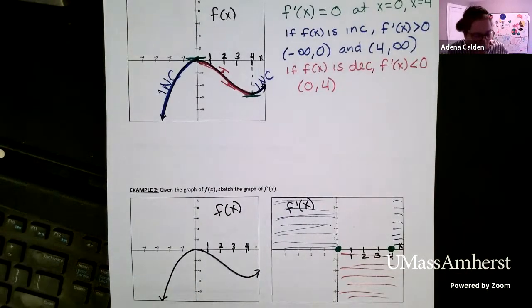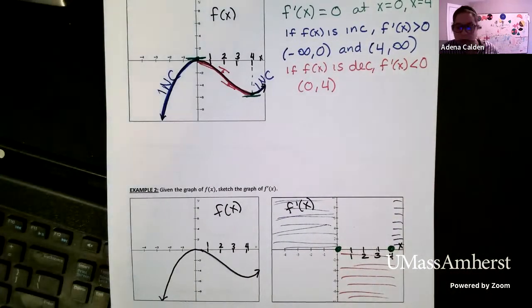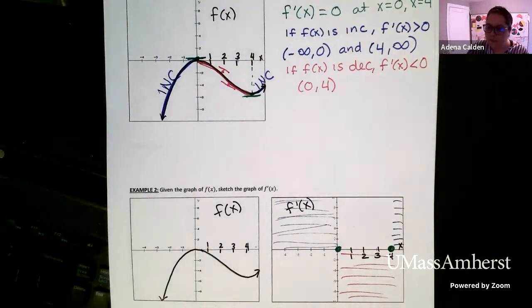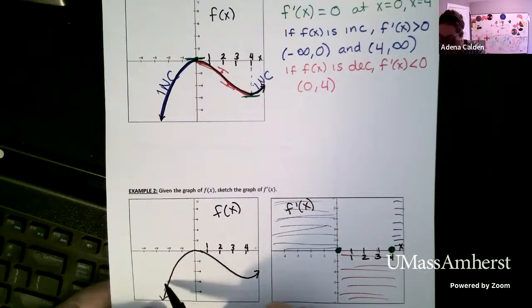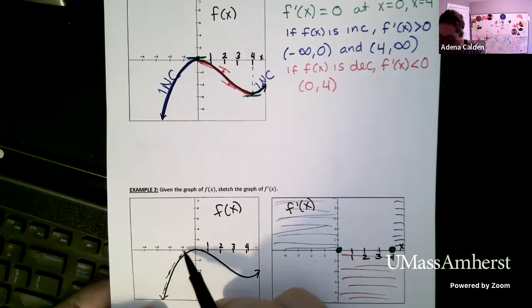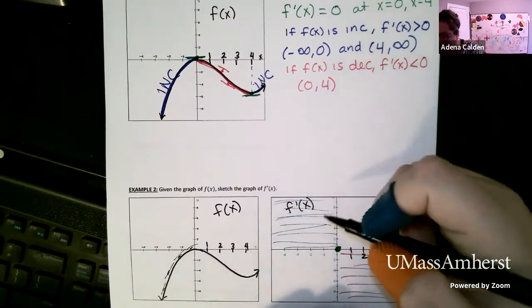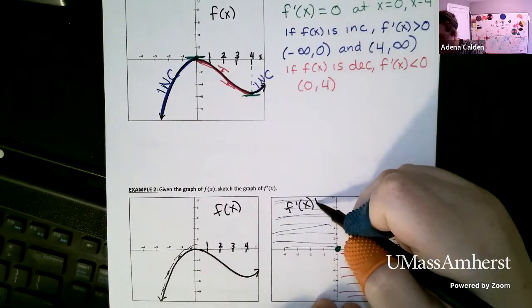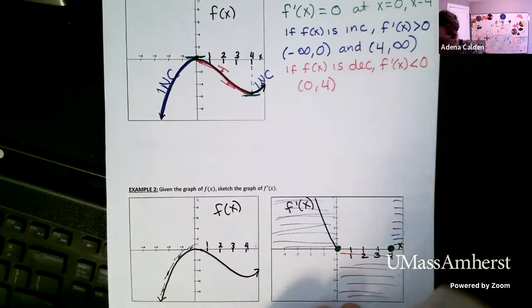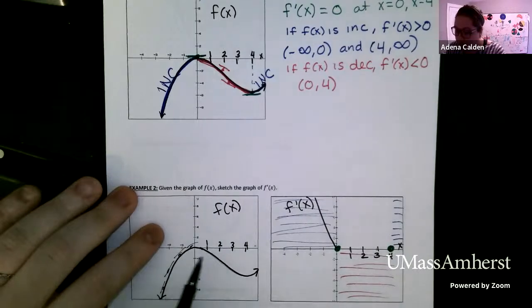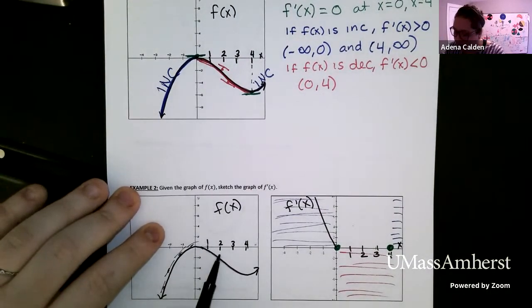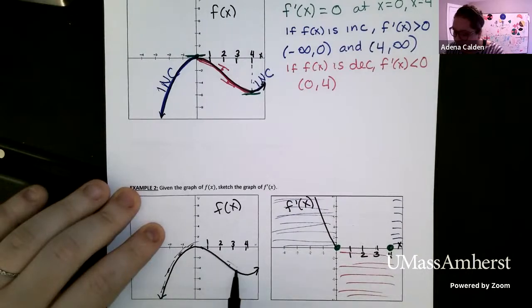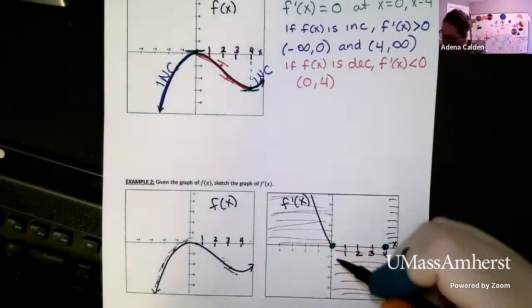And so from 2.2, we sort of learned some of the shapes that come up from derivative graphing. And so when I consider these tangent lines are getting less and less steep, that means I'm coming down towards this 0. And then in sort of the in-between phase, I know that my tangent lines are getting more and more negative, right, if I graph them, but then they start to go back towards 0.